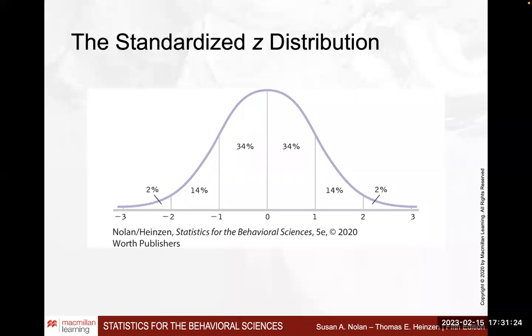If you're interested in the proportion of the population that is between 125 and 140, you know that you have here 34 and 34 and 14 and 2. So you have 68, and that's 82, that's 84. So we have 84% within one standard deviation. So that's 140.